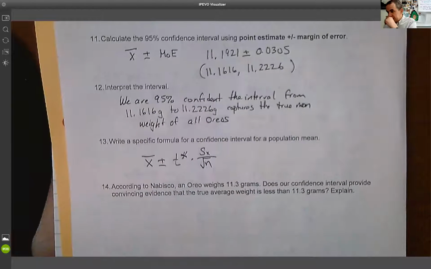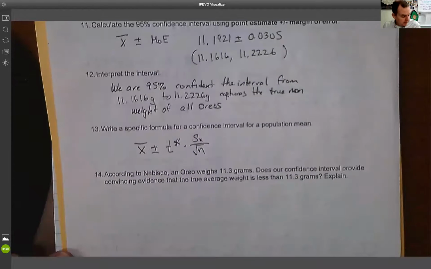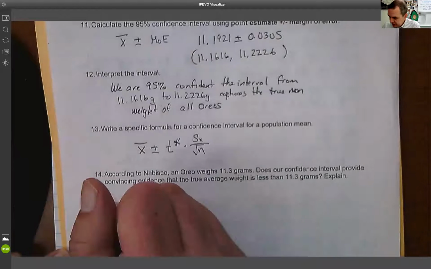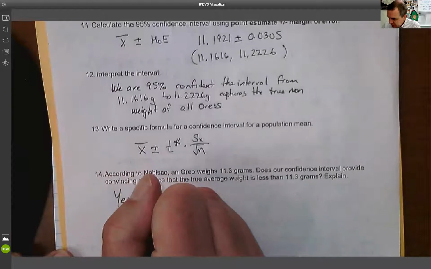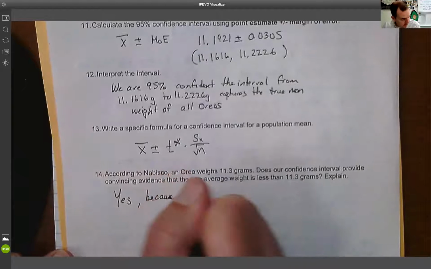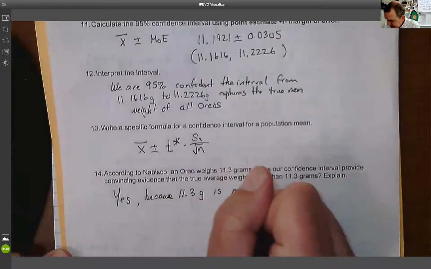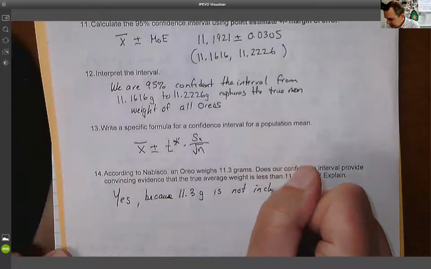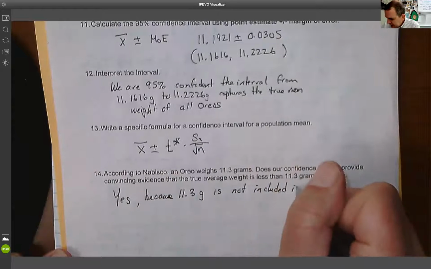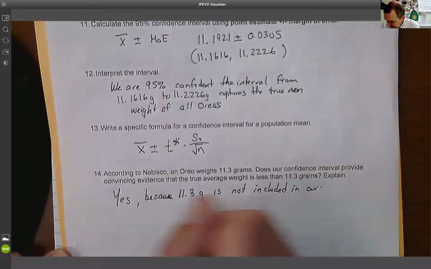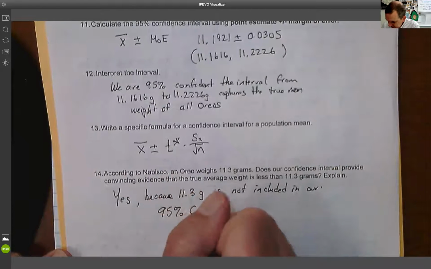And it says, according to Nabisco, an Oreo weighs 11.3 grams. Does our confidence interval provide convincing evidence that the true weight is less than 11.3 grams? And the answer to that is yes, because 11.3 grams is not included in our 95% confidence interval.